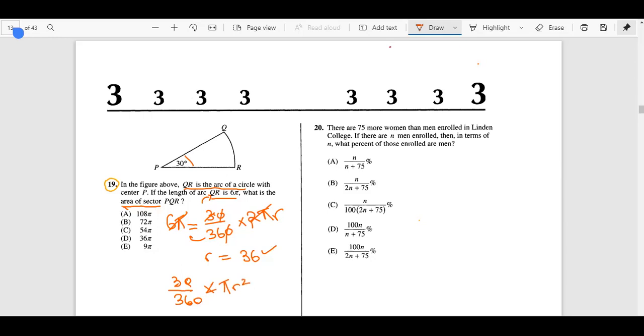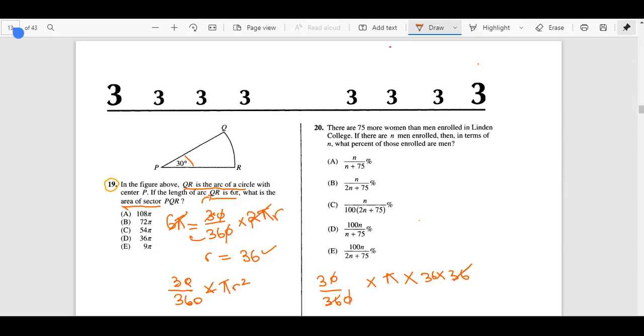So 30 divided by 360 into pi. Again, I would advise to use 36 into 36, because yes, in this part you can use a calculator, but still you should know these tricks, okay? And you can cancel the 0 with 0.